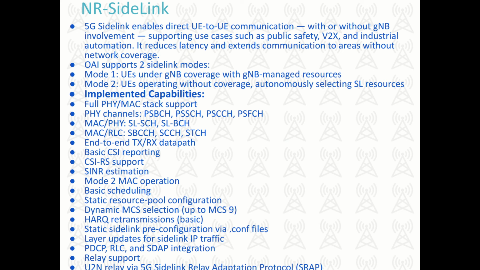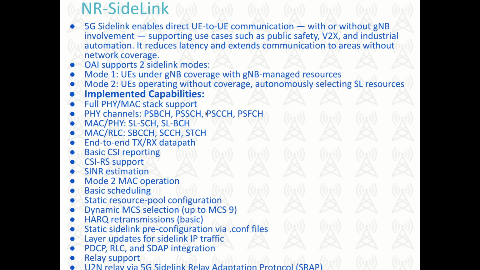Yeah, so another thing, the NR side link, which you always see in the specification, but hardly anyone actually uses that, or not many companies are doing any commercial implementation of the side link, which can actually be very useful for certain use cases like disaster communication or ad hoc networks.